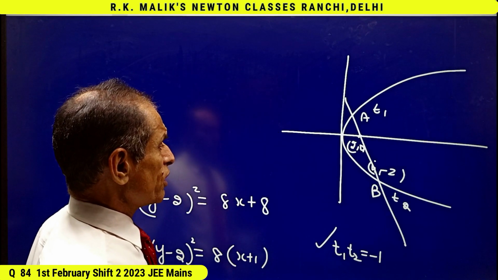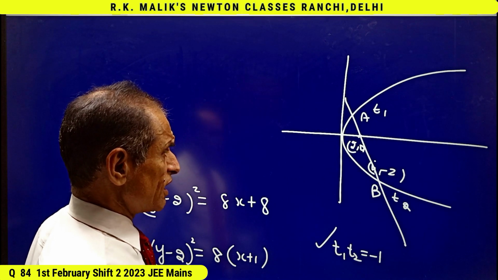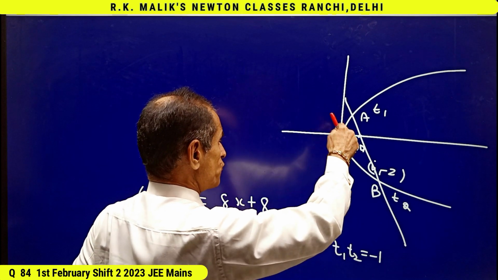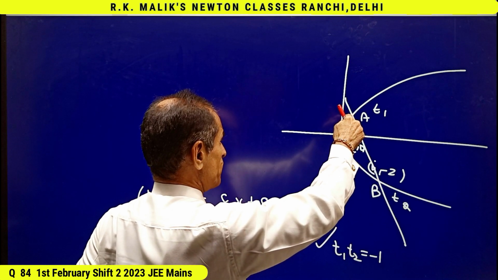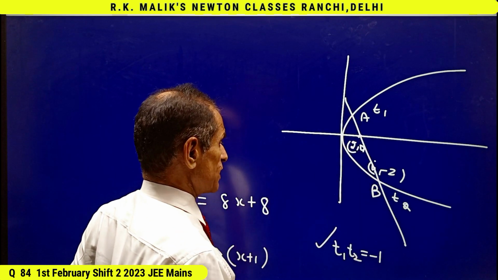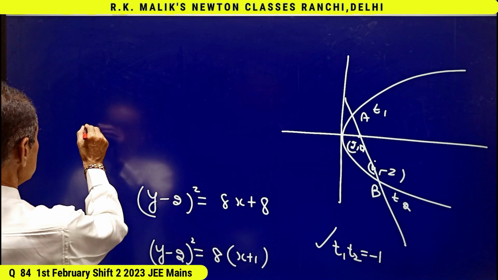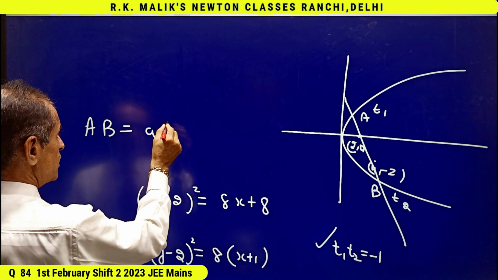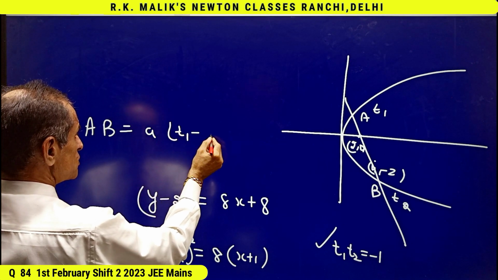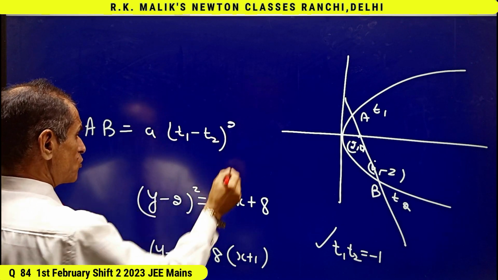It is better if you can remember this formula directly: for a focal chord, if one endpoint has parameter T1 and the other endpoint has parameter T2, then the length AB is given by a into T1 minus T2 whole square.